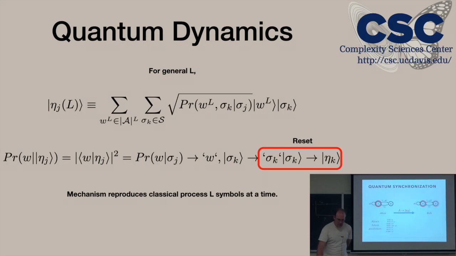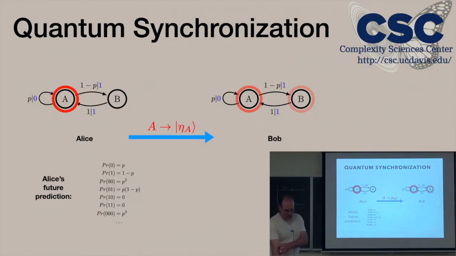Okay, so now we're going to play the same game quantumly. Instead of sending A, Alice can use her big quantum machine to turn this classical knowledge of state A into a quantum object. She presses the A button, and it produces this quantum object, in this state, eta A. Then she can send that to Bob over her quantum internet.